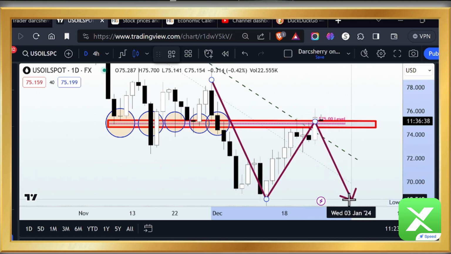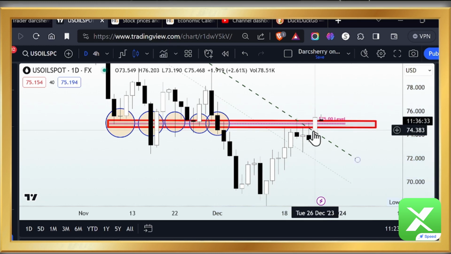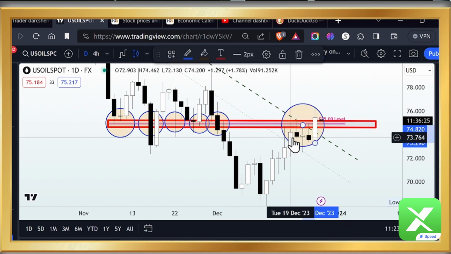One interesting thing about this structure is how the $75 level also shares a beautiful confluence with that descending trend line. As soon as price got into that descending trend line and the $75 level during the second half of the month of December, we saw how selling pressure resumed around that area.